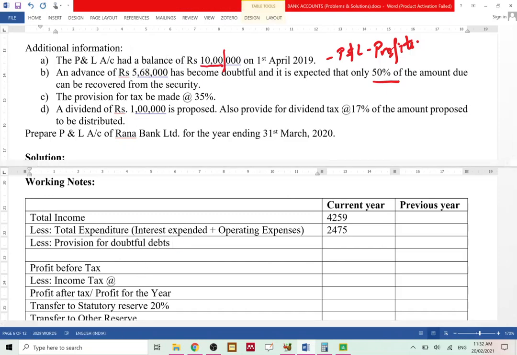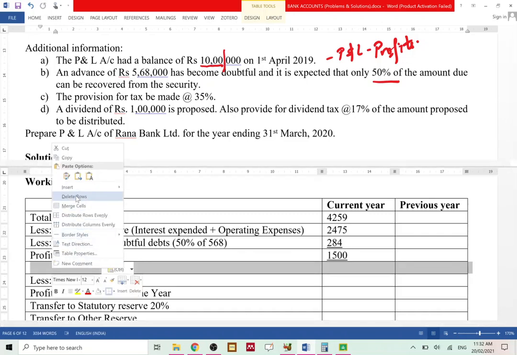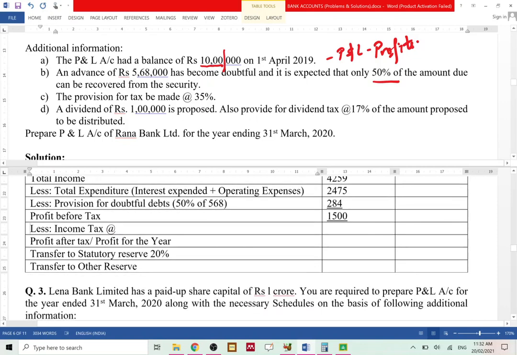So the provision for doubtful debts will be 50% of 568, which comes to 284, and once deducted from all of these amounts, the profit before tax that we get is 1,500. In the next step, we will calculate the income tax as well as all the other reserves that are to be calculated.